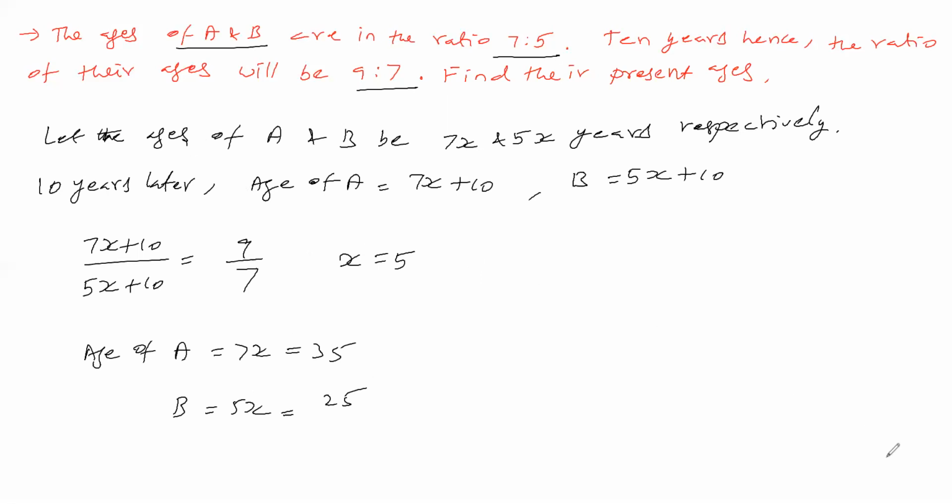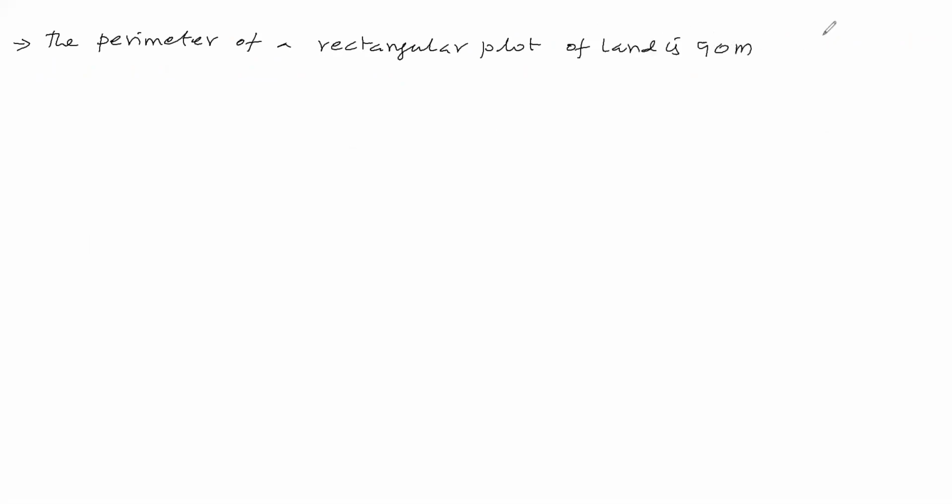Next we will go to the next sum. The perimeter of a rectangular plot of land is 90 meter.